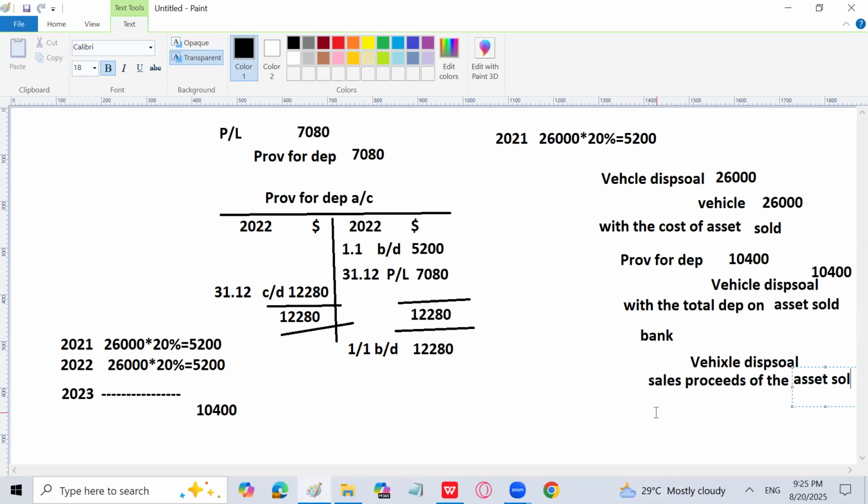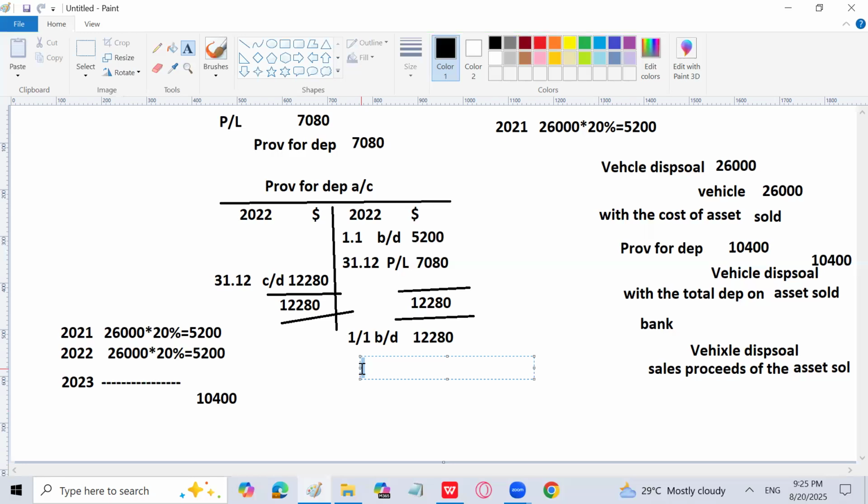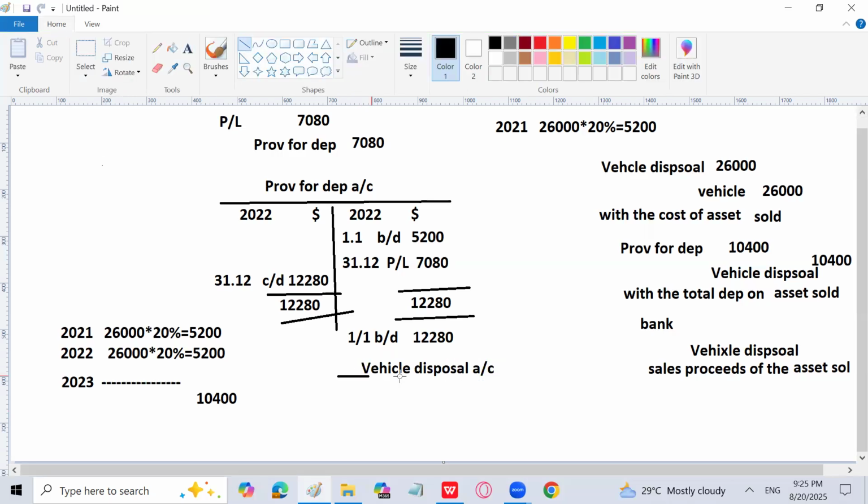Last entry is with the profit or loss on sale of asset, and the last entry is supposed to be prepared after preparing the vehicle disposal account. So let's prepare the vehicle disposal account, and then we can calculate the profit or loss on sale of asset also, usually. But in this case, we need to find the disposal proceeds because the asset is sold, but we don't have the amount in which it is sold.